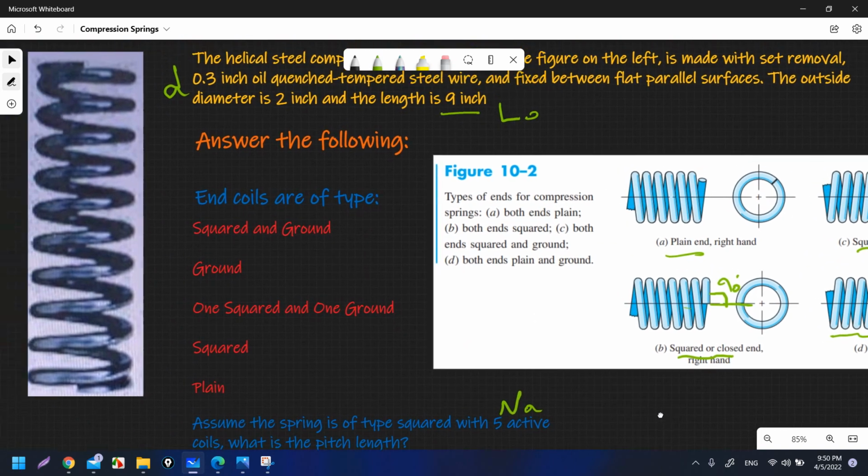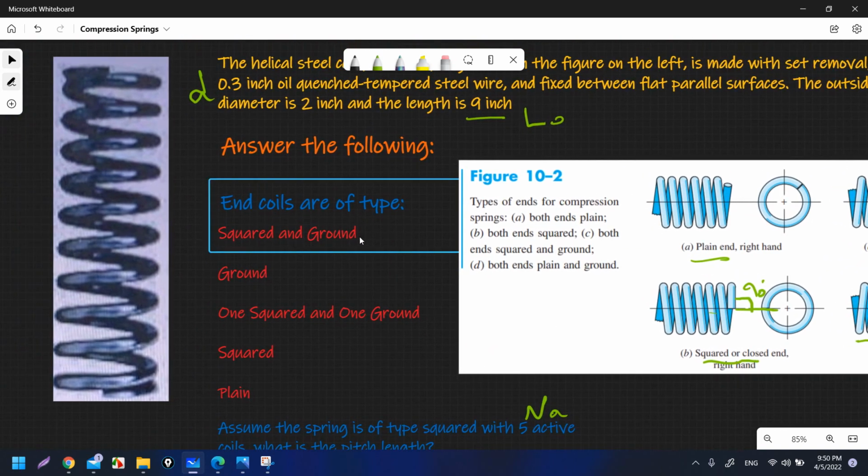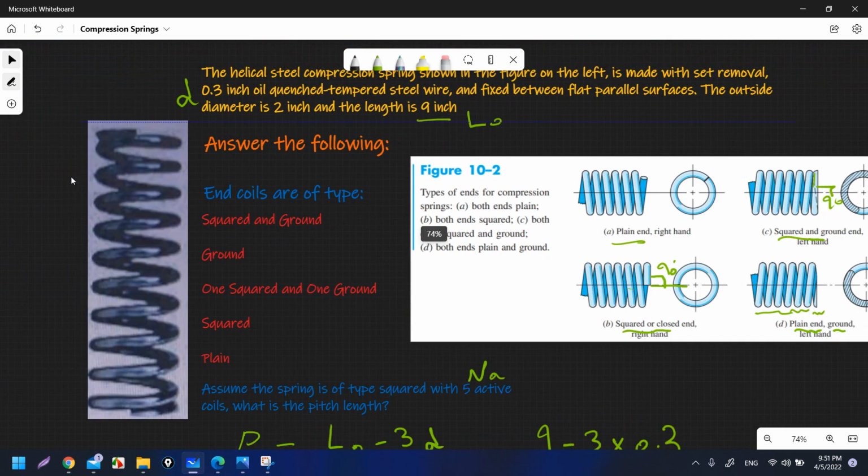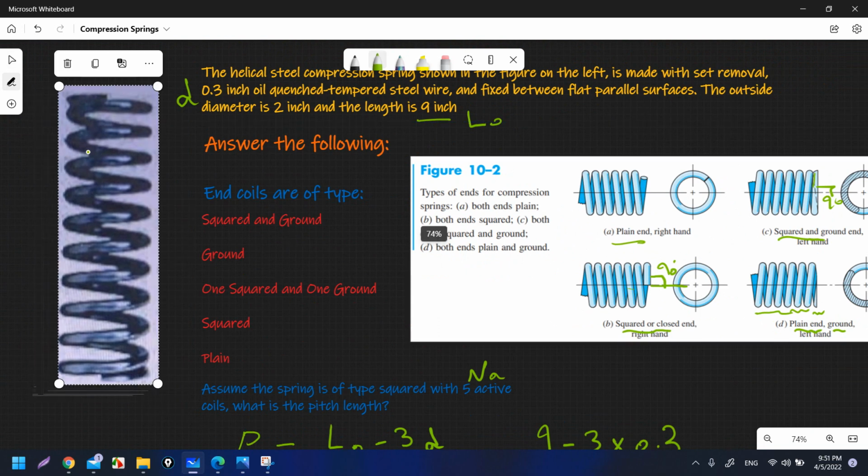So he is asking me the end coils type for this helical compression spring. As you can see, if you look at the angle from here, this angle is 90 degrees, and this one is also 90 degrees.